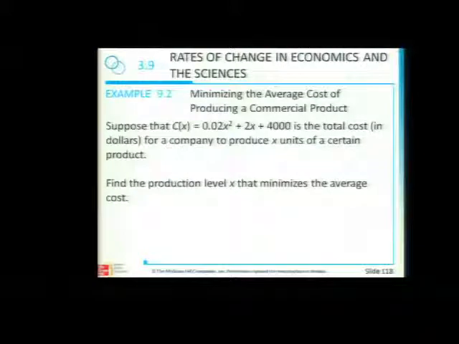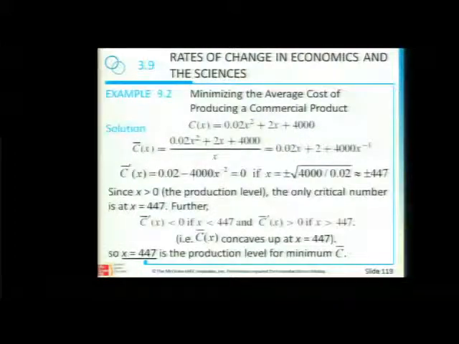So what we're going to do is find what the production level should be in order to minimize the average cost, all right? So I think that explains why there's a minimum. Production level too low, no good. Too high may not be good also. So it depends on the cost function.